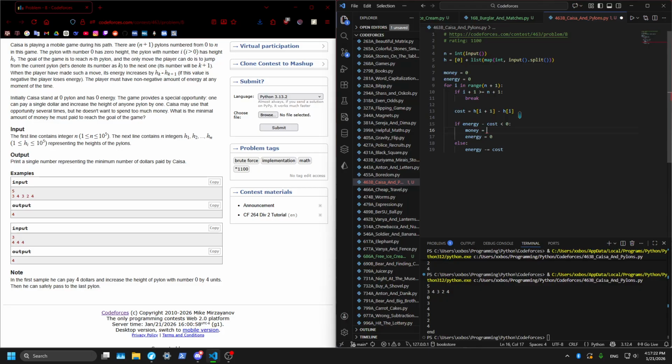Every money decreases cost by 1, which is the equivalent of increasing energy by 1. Cost could be positive. Wait, this logic's not right. Okay, I need a whiteboard. Excalidraw.